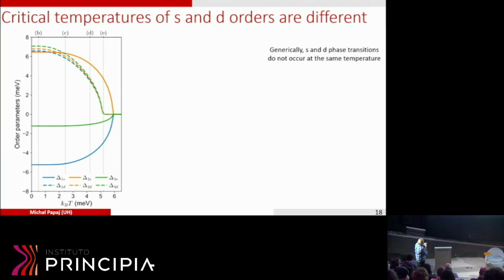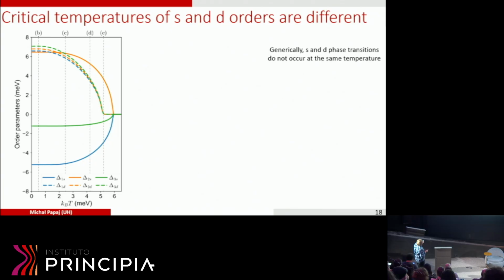We have 3 bands in the model, so that's why we have 3 curves, and the solid line is the S-order parameter, the dashed line is the D-order parameter. For this particular set of computational parameters, we see that at first we start to have an S-order parameter, then at some lower temperature, a D-order parameter appears.